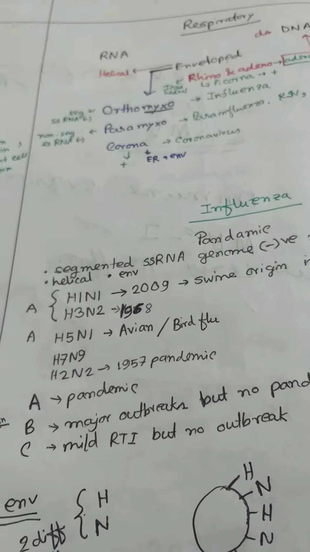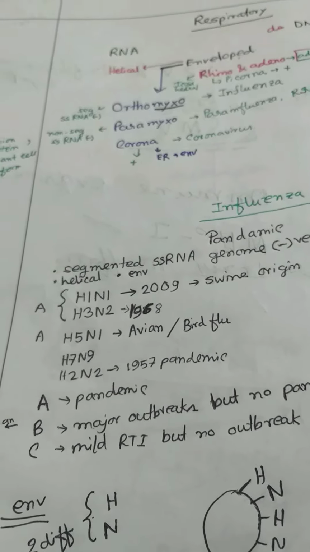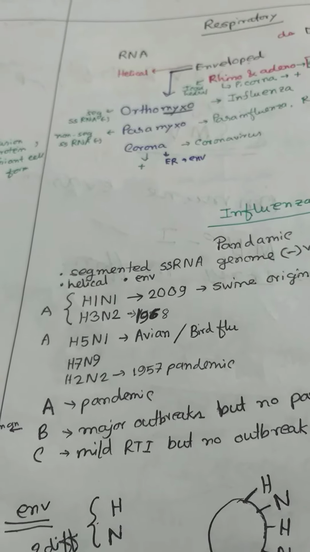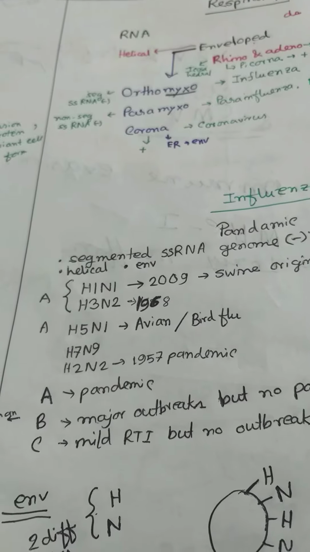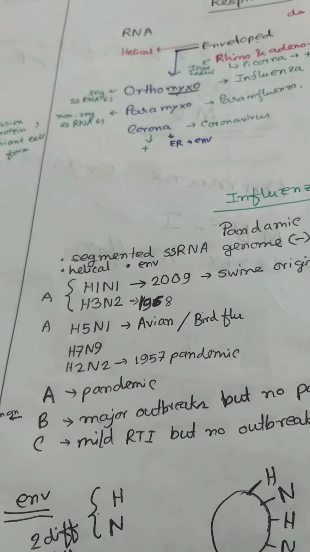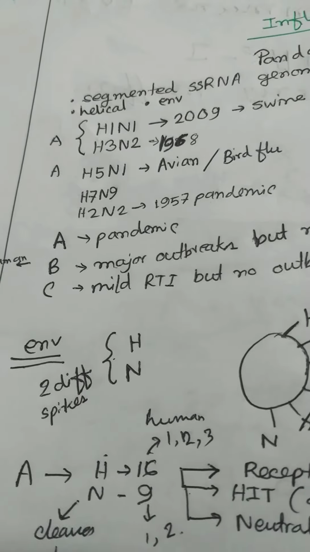It has a helical nucleocapsid and a lipoprotein envelope. The lipoprotein envelope contains glycoprotein spikes. One glycoprotein spike contains hemagglutinin and another glycoprotein spike contains neuraminidase.